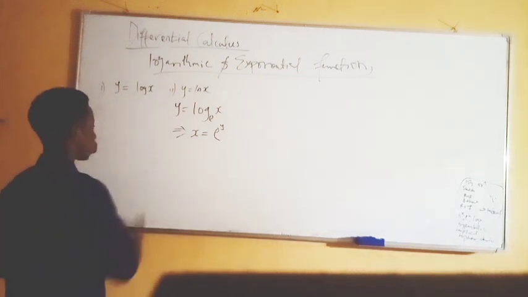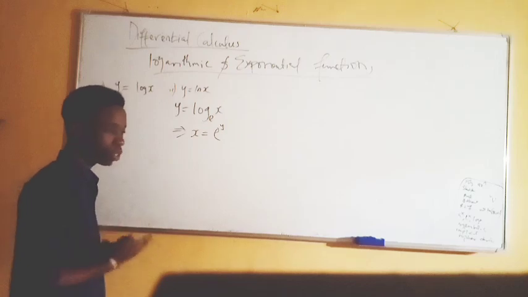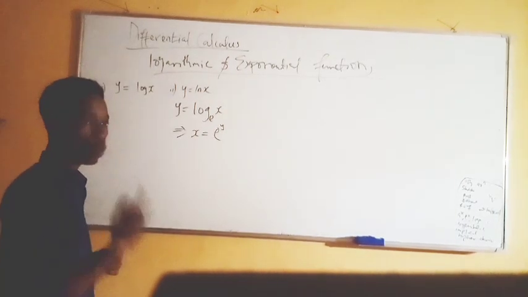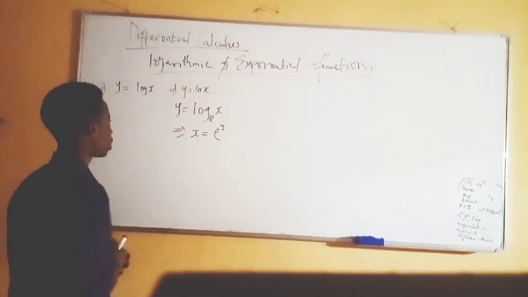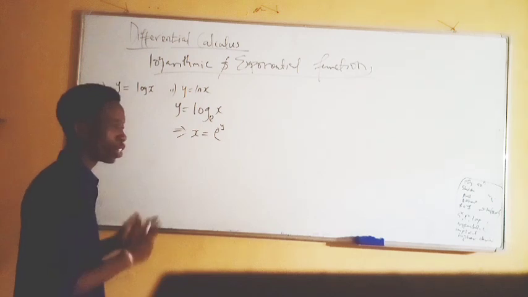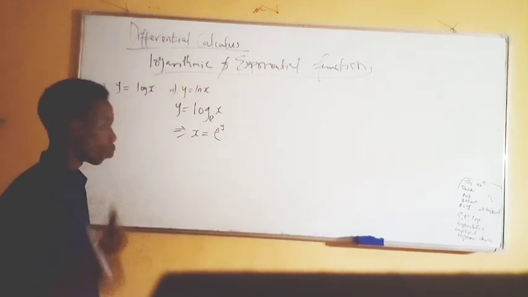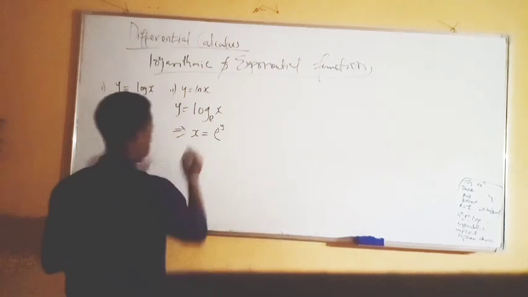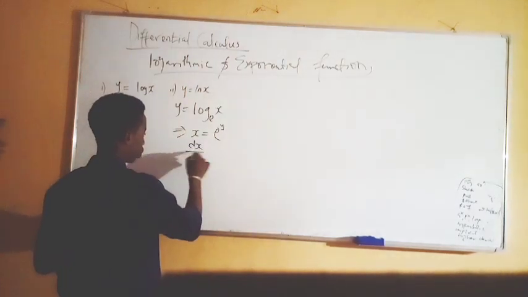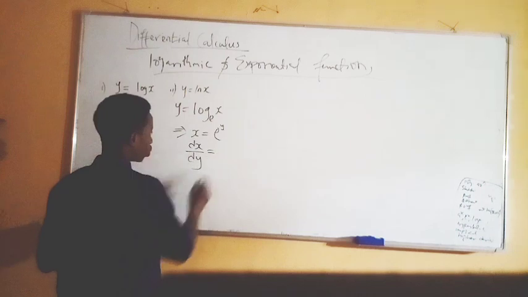We'll be dealing with dy/dx. dy/dx simply means the change in y with respect to change in x. But here, for me to get this expression, I have to deal with the change in x to the change in y. So we're not talking about dy/dx, we're talking about dx/dy, which gives me what?